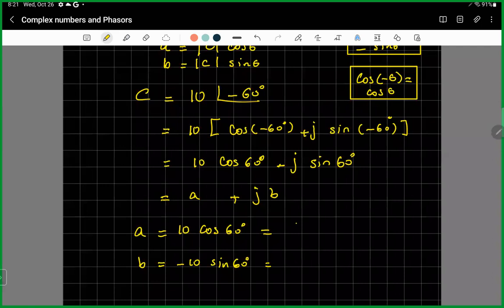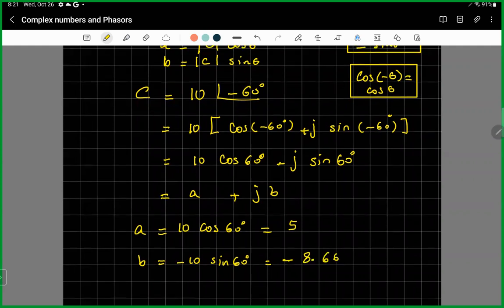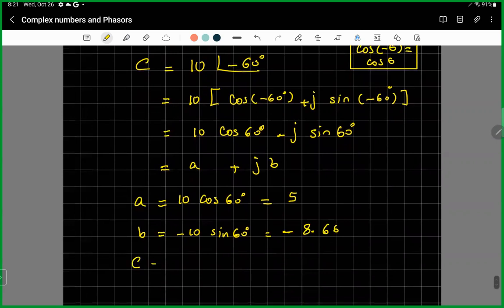That will be equal 5, and 10 sine 60 in decimal will be minus 8.66. So now the complex number C equal A plus JB, you can write 5 minus J 8.66.